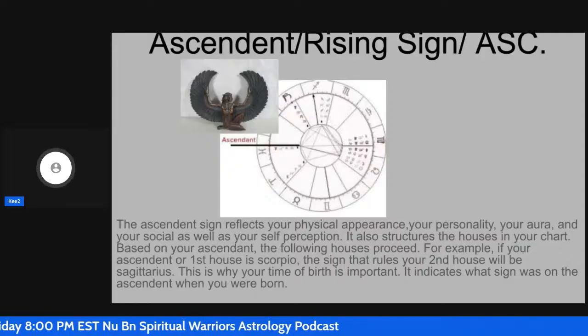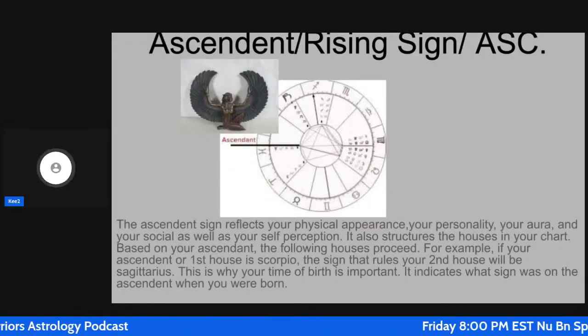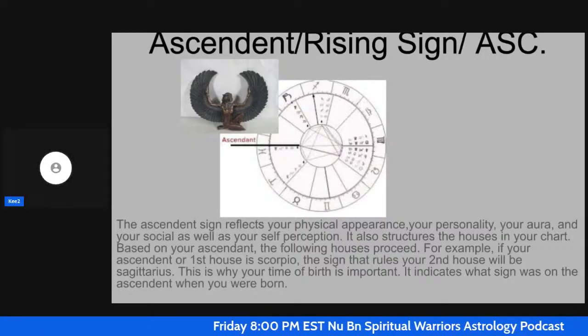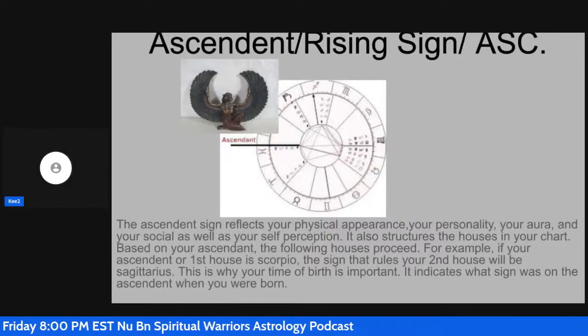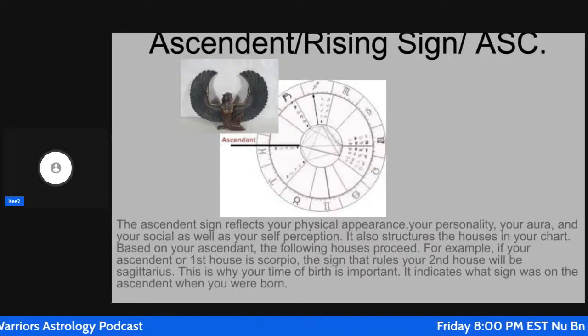And from there, the third house will be Taurus. Taurus, that sign follows Aries. So the ascendant starts the order in which the signs will appear on the chart.